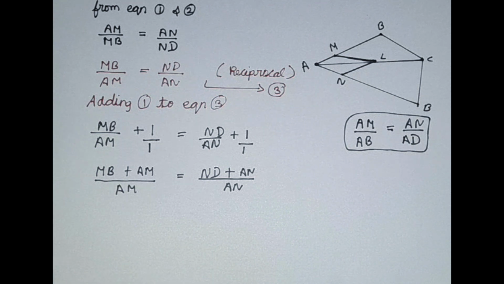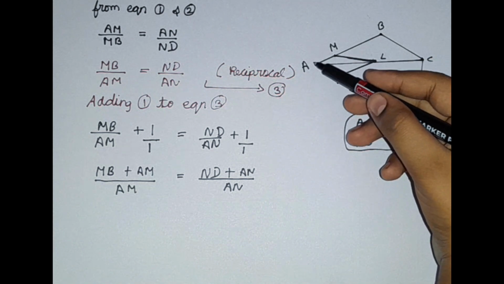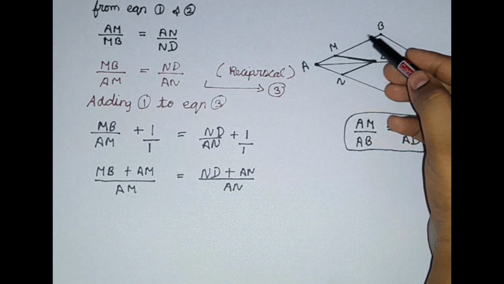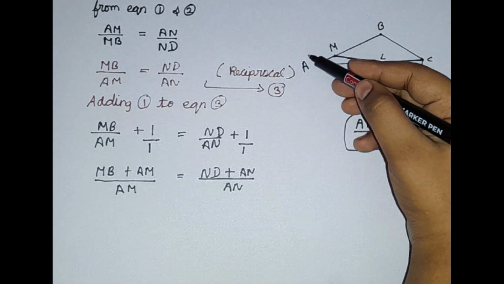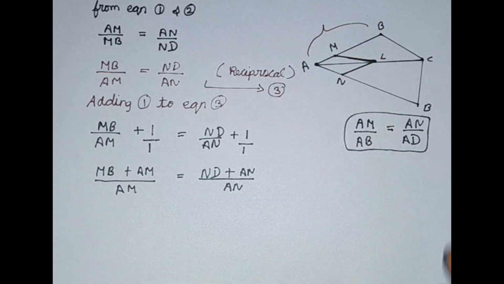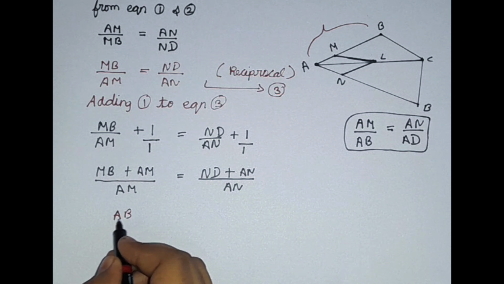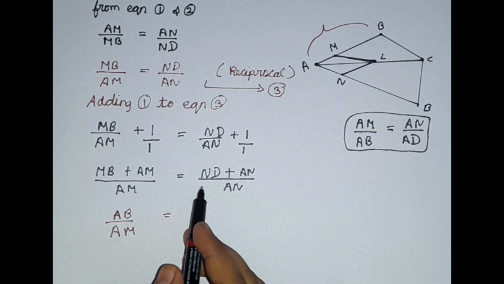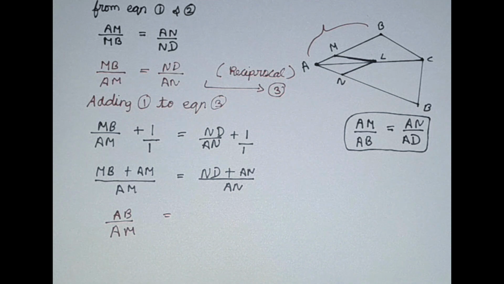Where is that MB? The MB is right over here and AM is right over here. So MB plus AM, when we add them, we get AB, that is a complete angle. So we can write AB by AM is equal to ND plus AN. ND plus AN means, where is it, ND?